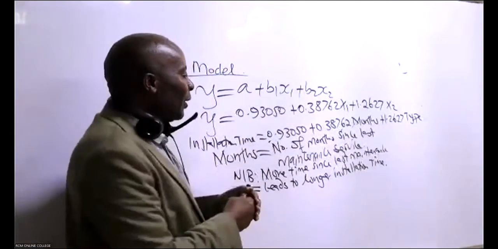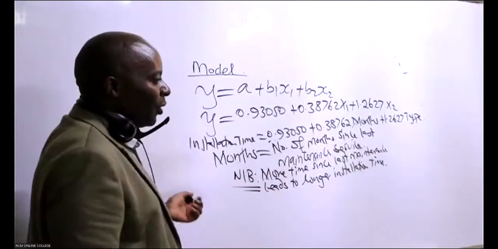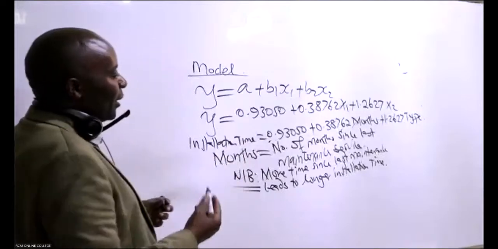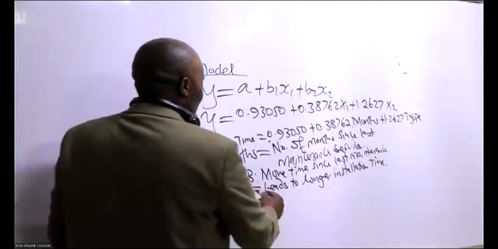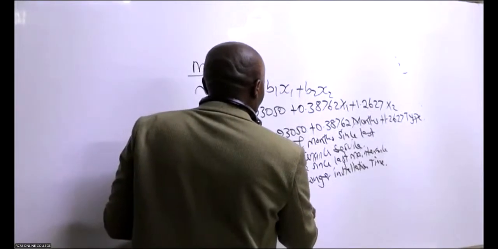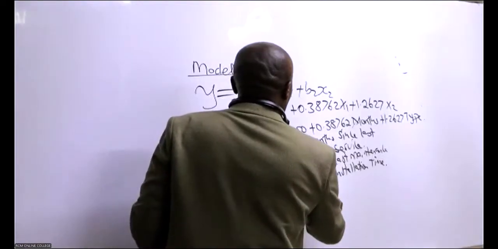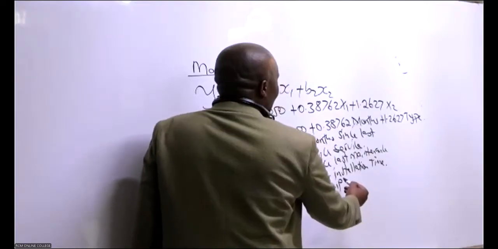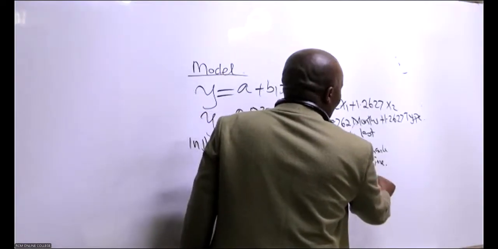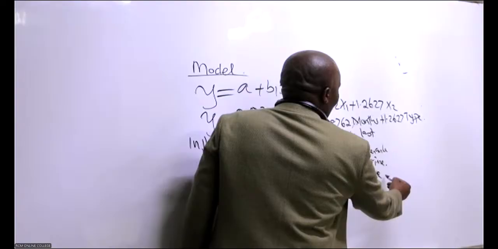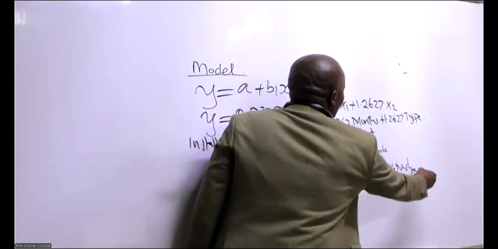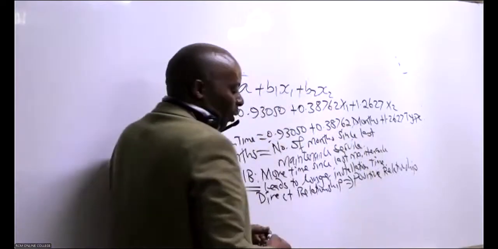This is what we call in mathematics a direct relationship. You can write there: this is a direct relationship. Direct relationships are also known as positive relationships. Direct relationships are also known as what?